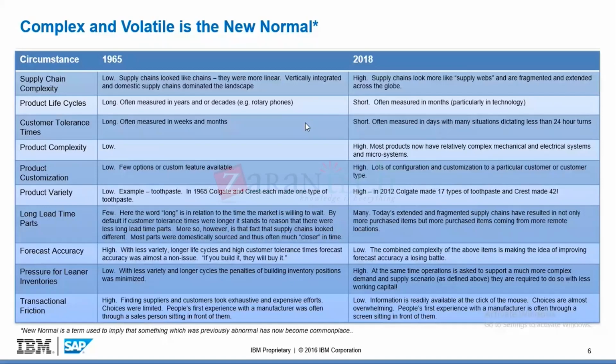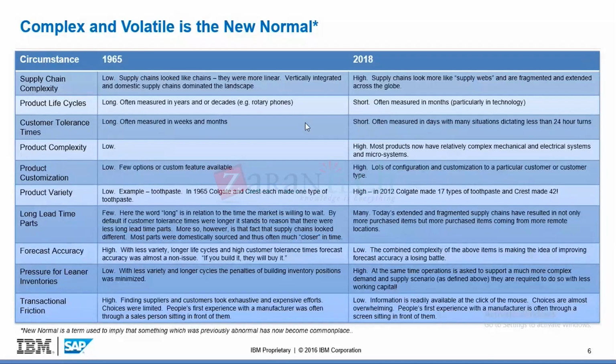When it started way back, 50 years ago, there was no such complexity. It was low. The product life cycle was long. Customer tolerance was low. Product complexity was low. Product customization was low. Variety of product was low.